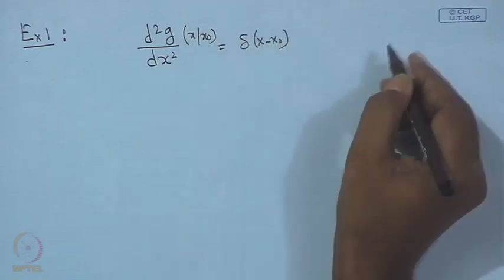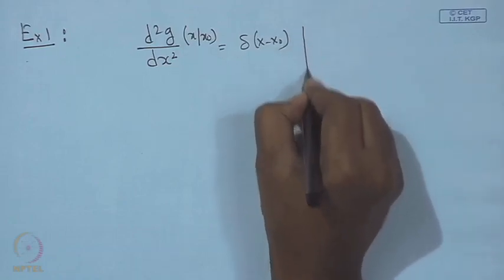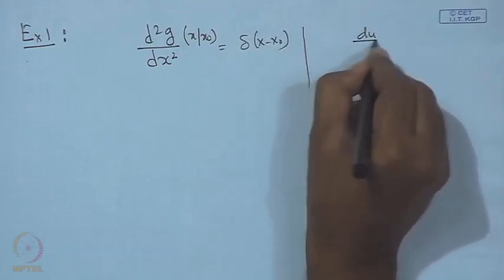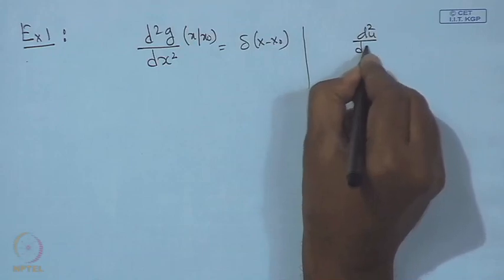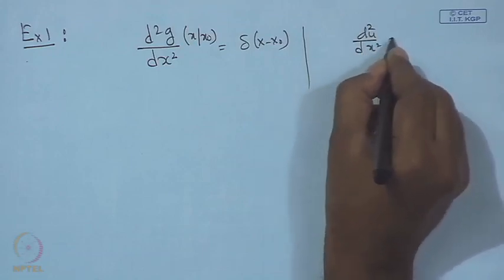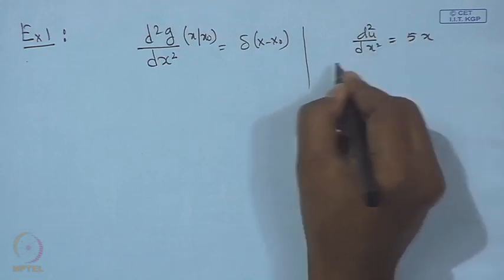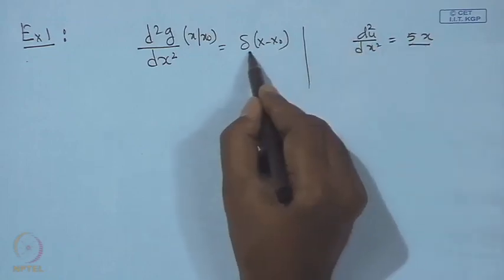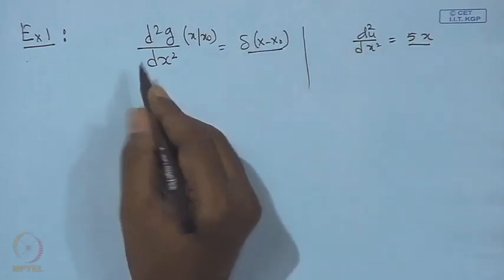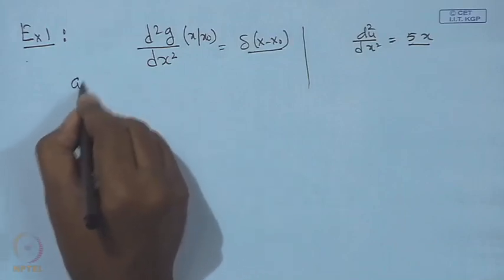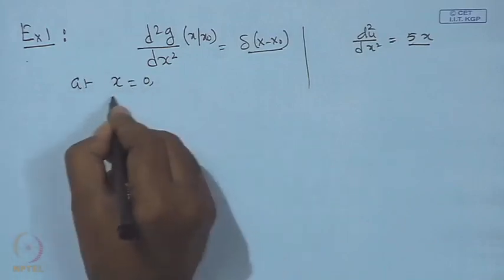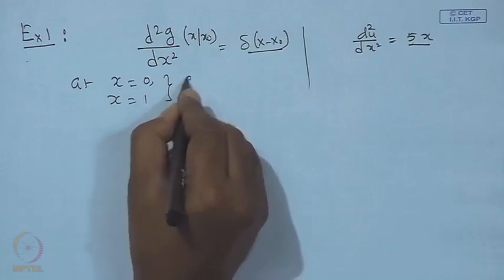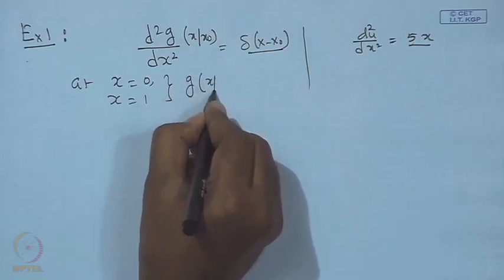It is a one dimensional problem. The original problem should have been d square u dx square equal to, let us say, 5x. So, this is the non-homogeneous term. We are replacing the non-homogeneous term by the Dirac delta function, subject to g equal to 0 at x equal to 0 and at x equal to 1.